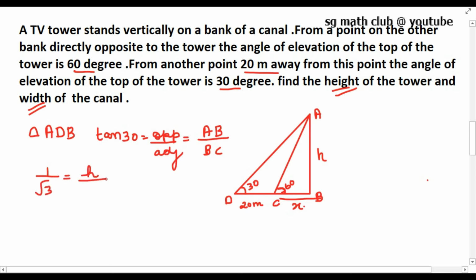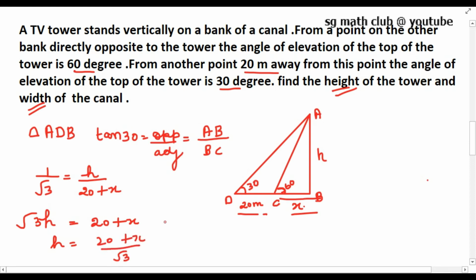Opposite side is h. BC I can write as 20 plus x because DC plus BC. Now cross multiply, we have root 3 h equal to 20 plus x, or h equal to 20 plus x divided by root 3.